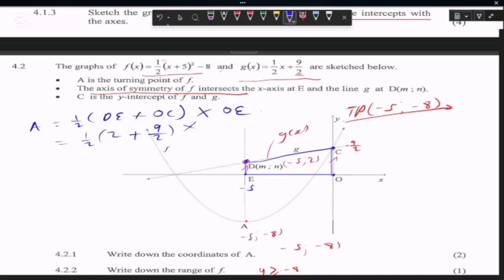Now, the distance is not -5. The distance between there to there is +5. Distance is always positive. Okay? So this one will be +5. And then if we put this in our calculators, we find, I think it's 16 over 4. Just double check.